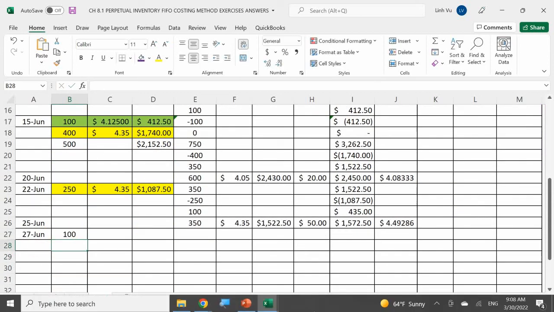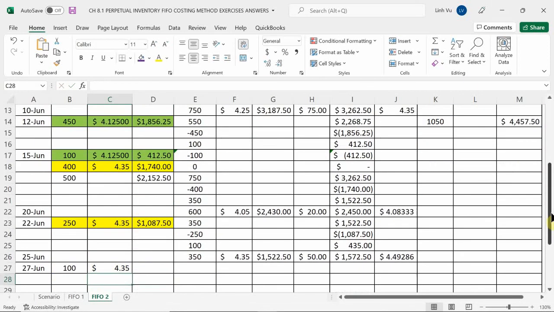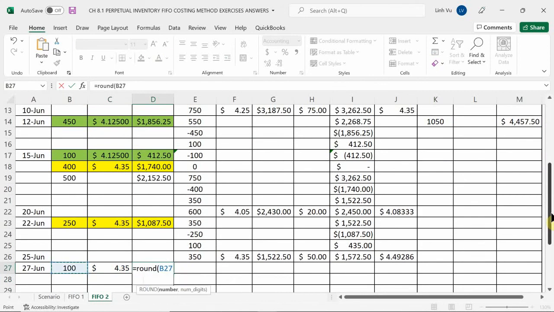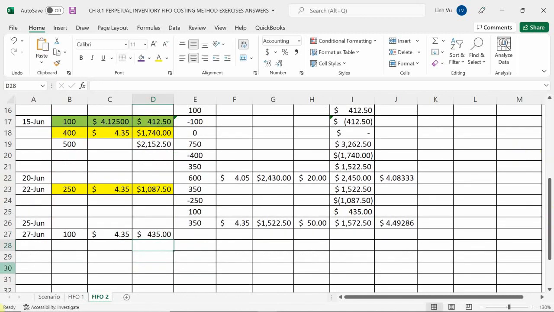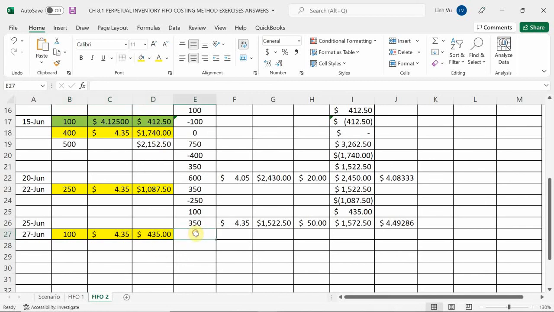Okay. Which we know to be $4.35, which we also know, since we're going to get rid of all of it, it's going to cost me $435. This is my yellow batch. Okay. So therefore, I'm going to go ahead and say I just sold my last 100.